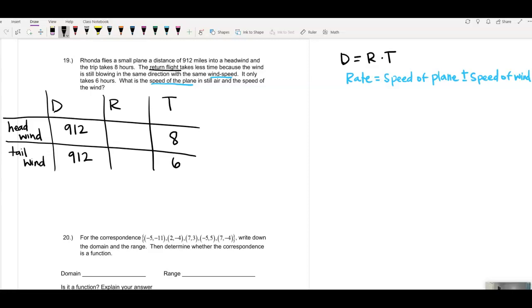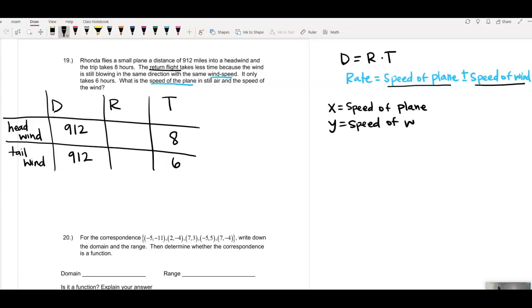Right? And so the things that we're trying to find here, remember there's two variables here: the speed of the plane and the speed of the wind. So just to make it a little bit easier here, I'm going to say x is the speed of the plane, and y is going to be the speed of the wind.